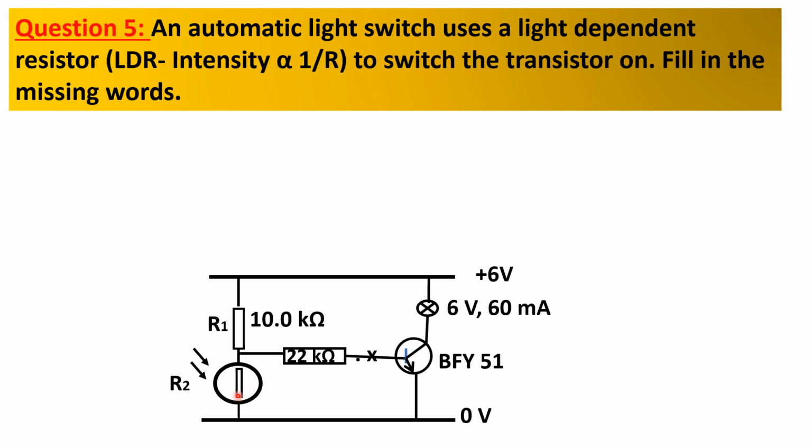And the lower the light, meaning if the surrounding is quite dark, or we have a dim light, that is the time when the LDR would have a higher resistance.